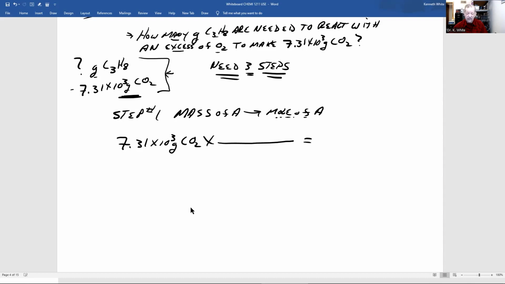Moles of A. A is carbon dioxide, so moles of CO2. And what units go on top and bottom of that ratio to convert this? I'll let you have some time to figure out the units first. Use your good buddy, your good friend. Your turn.